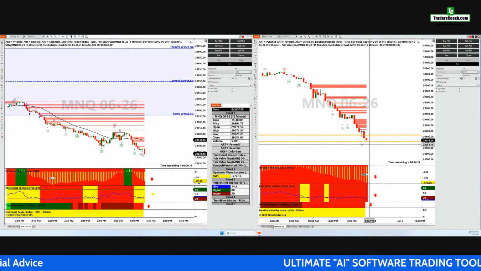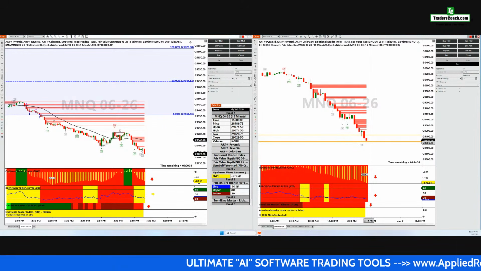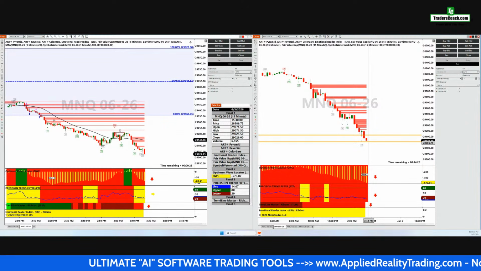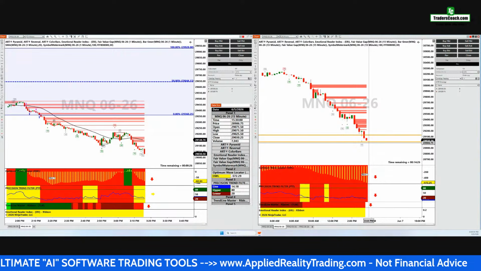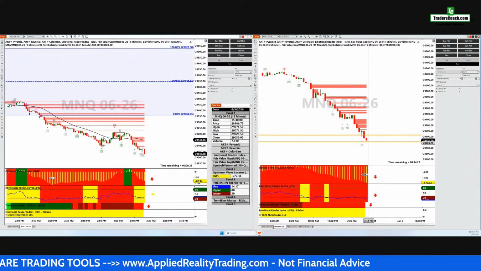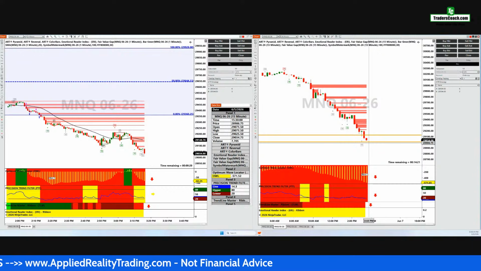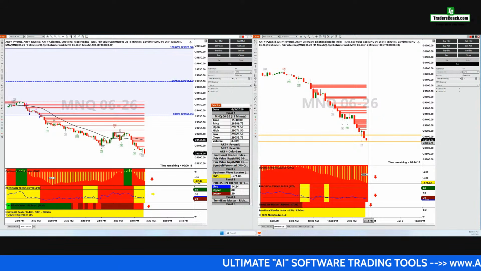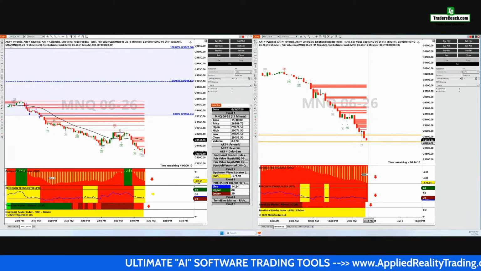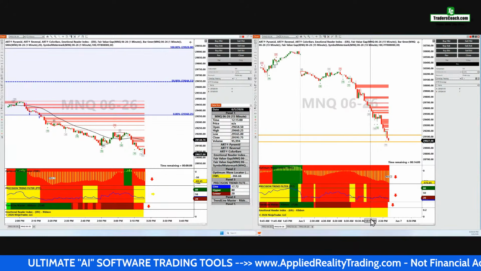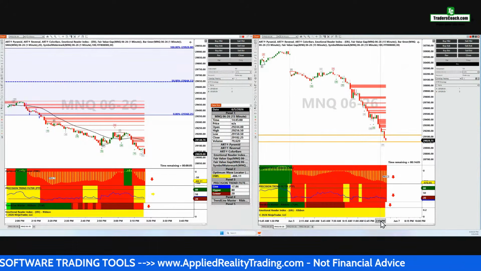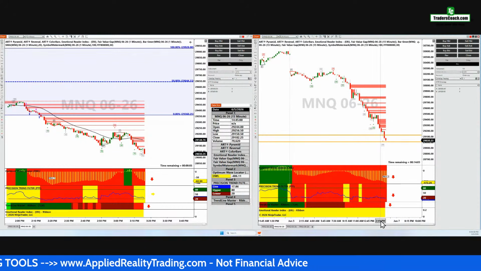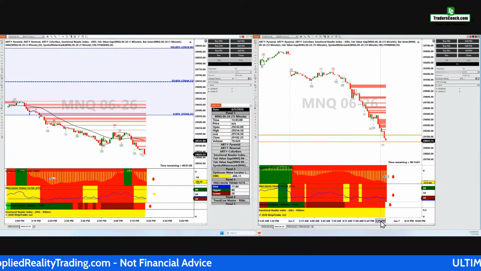Look at this, going right down to that area here. There is more risk when you go for more handles, and that's okay, but you need to build up to that.